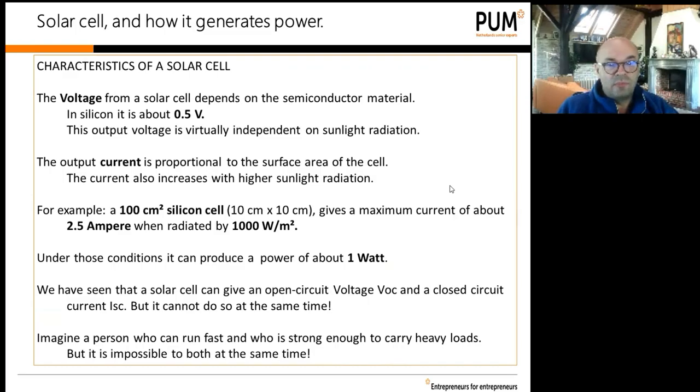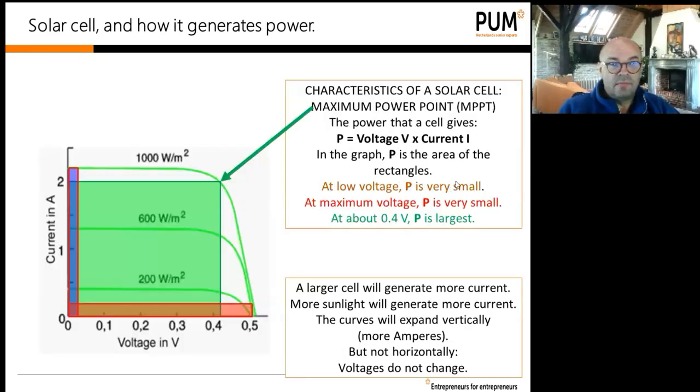A high current means a small voltage. And also if you have a high voltage, you have a small current. So what you need is the maximum of both worlds, the maximum of current and the maximum of voltage.